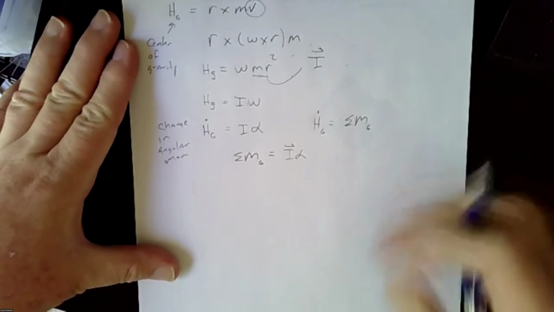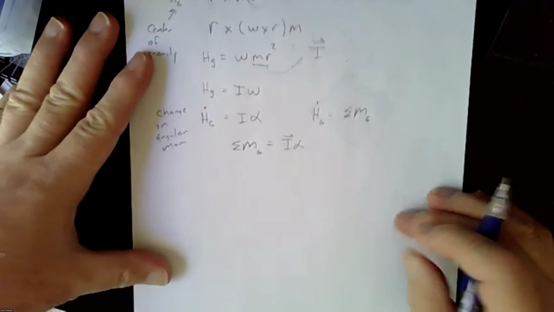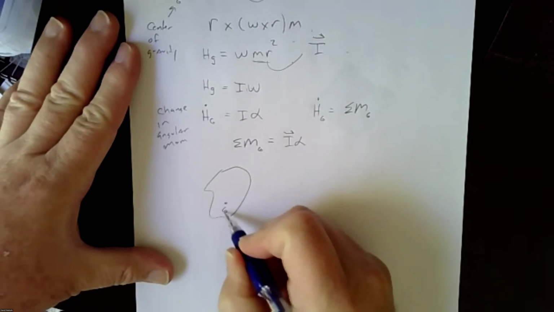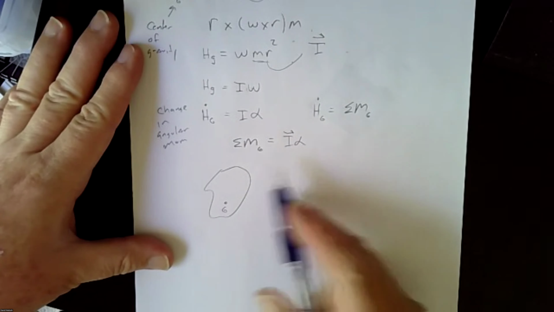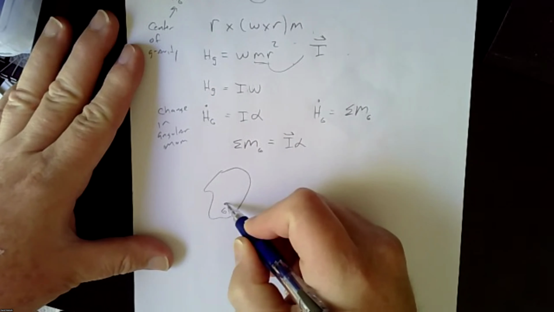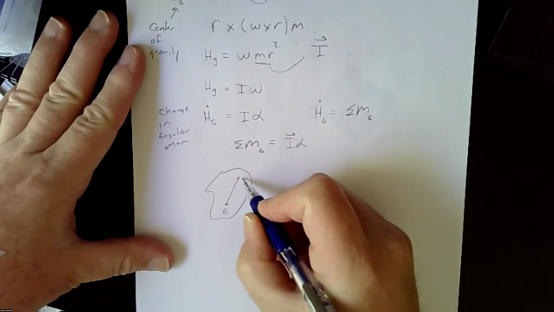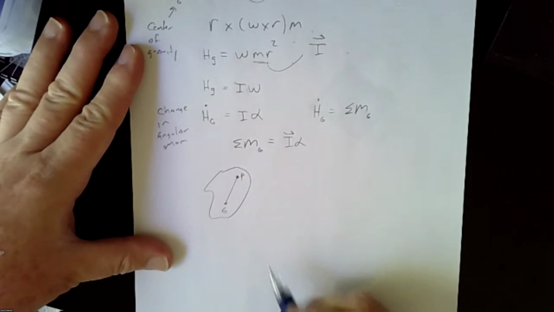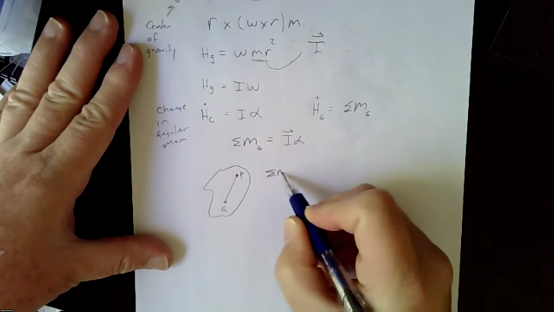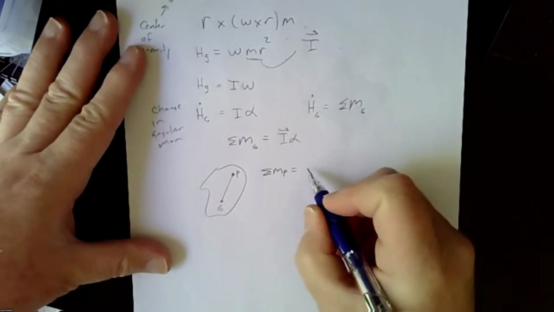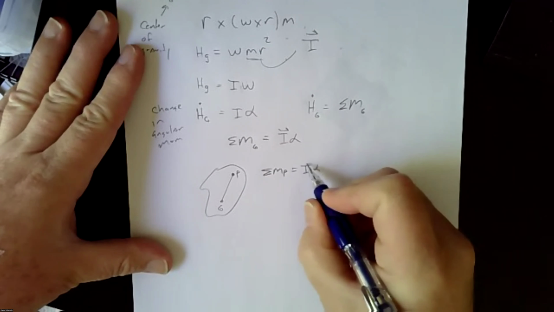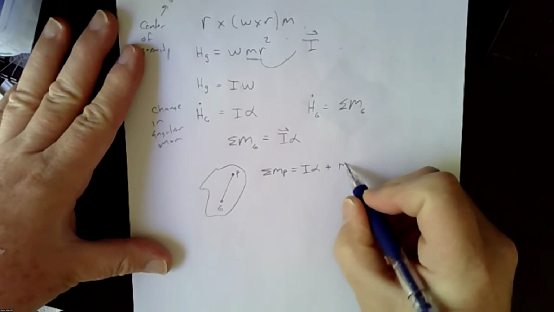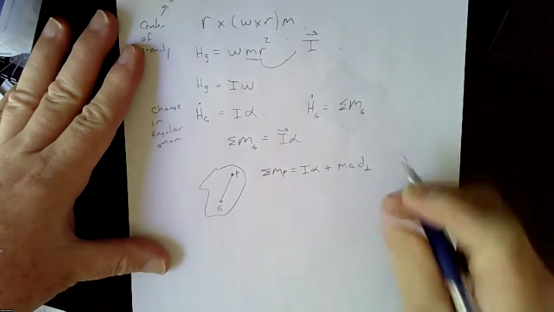Now, another part to this is that's all well and good if you're at the center of gravity, right? So that's G. But let's say that you take the moment about a different point. So let's say draw a point up there. We'll call that point P. Okay. So now our moment's about that instead of this. So now we say the sum of the moments about P equals I alpha, but it's going to be plus MA D perpendicular.